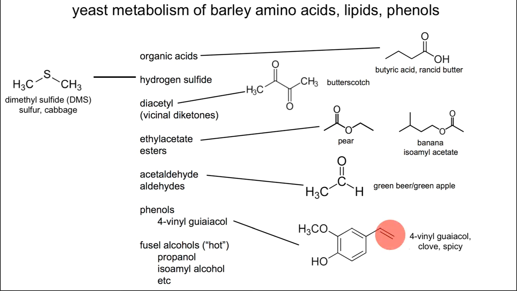Swap the vinyl group for an acetaldehyde moiety, and you've got vanillin, the phenol principally responsible for vanilla's aroma. Generally, the fusel alcohols are negative flavor components and add a solvent-like or hot note. Keep in mind, though, that these major categories of flavor molecules hide a great diversity of individual and idiosyncratic structures.